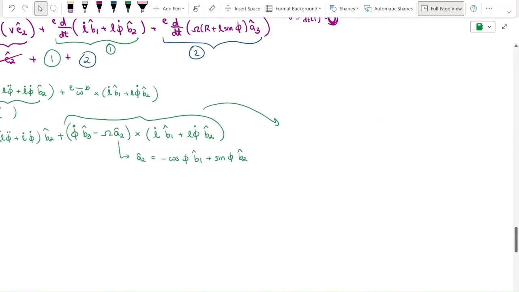So this becomes phi dot B3 hat minus omega times negative cosine phi B1 hat plus sine phi B2 hat, crossed with, so this entire term crossed with L dot B1 hat plus L phi dot B2 hat.